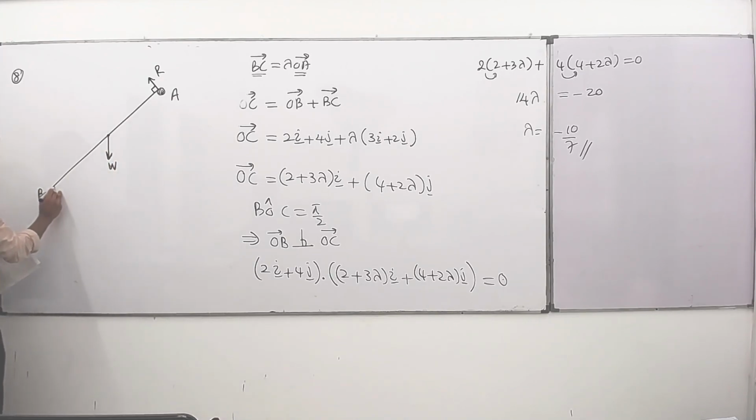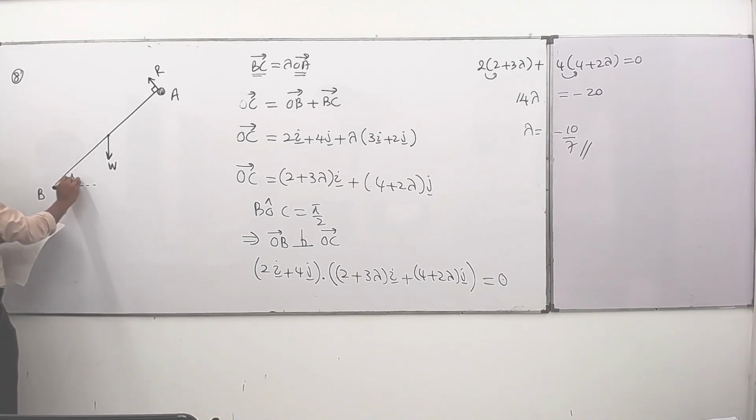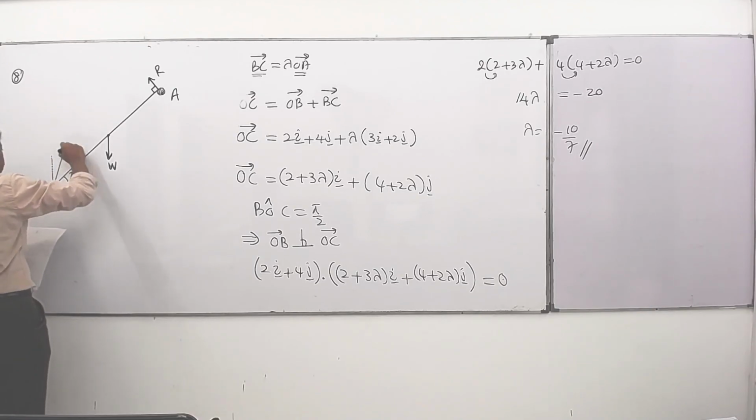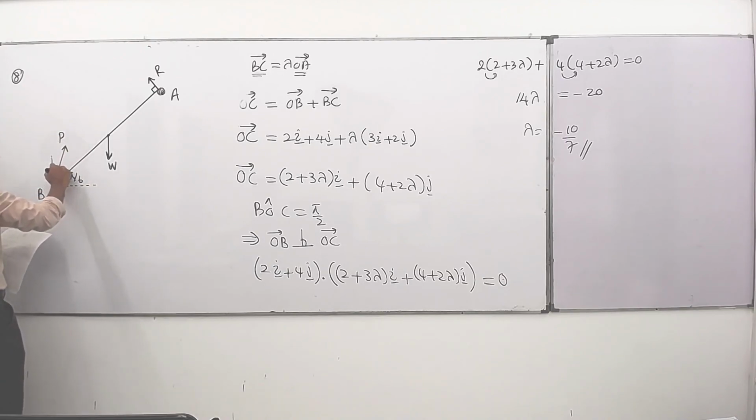This is the horizontal. This angle is pi by 6. And here vertical. A force applied here, P, that makes an angle beta with the vertical.